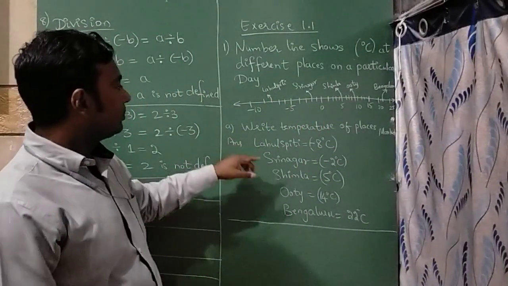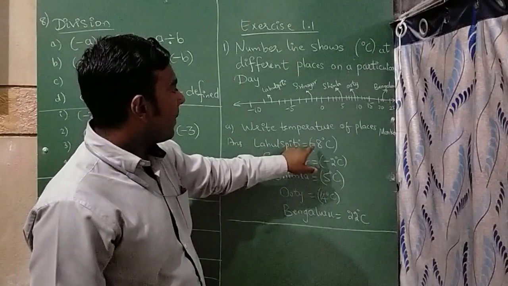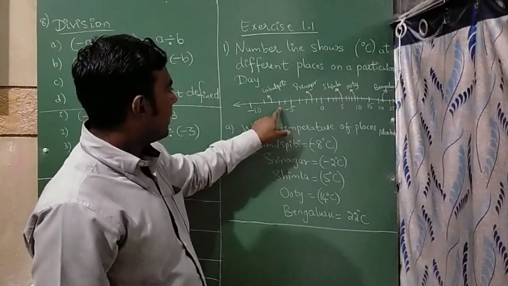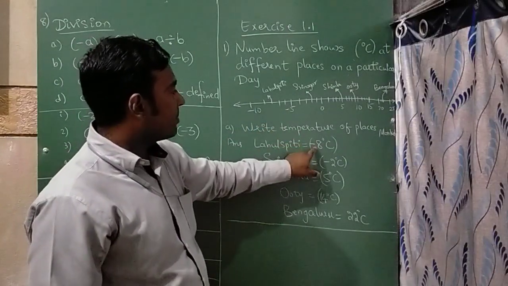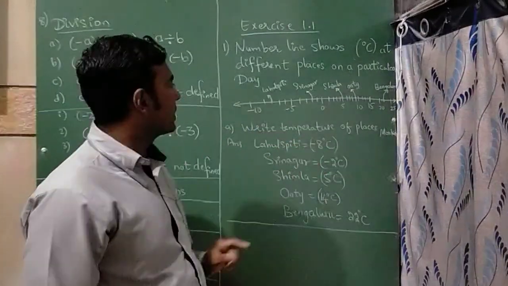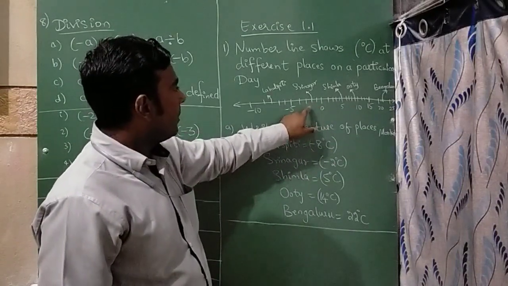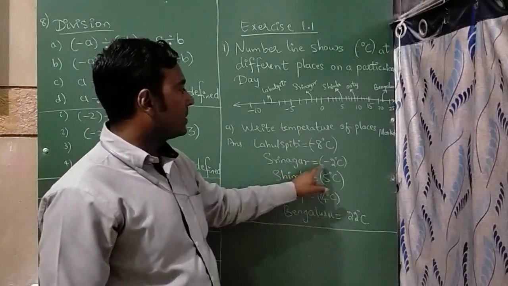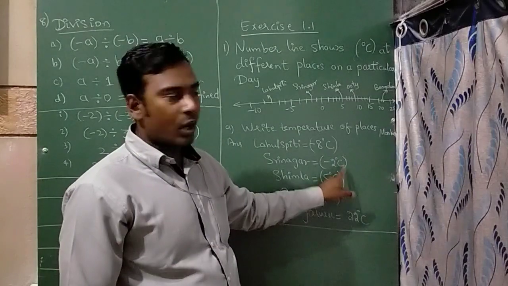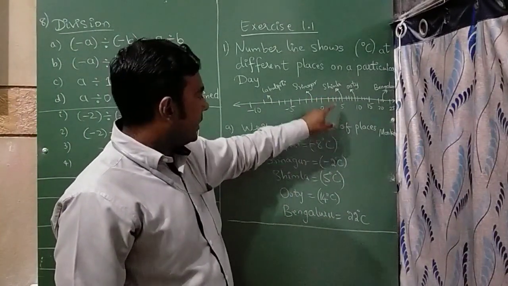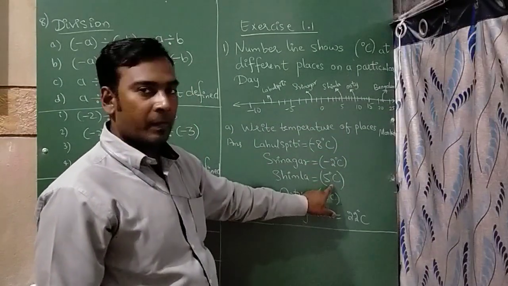So let us see. The first one is minus 8 degrees Celsius. You can see minus 5, minus 6, minus 7, minus 8. So it is minus 8 degrees Celsius. Now here, 0, minus 1, minus 2. So Srinagar is minus 2 degrees Celsius on that particular day. Now Shimla, so it is 5 degrees.